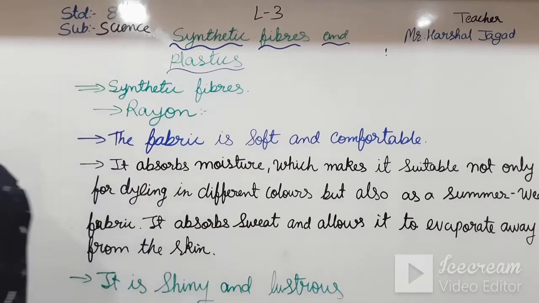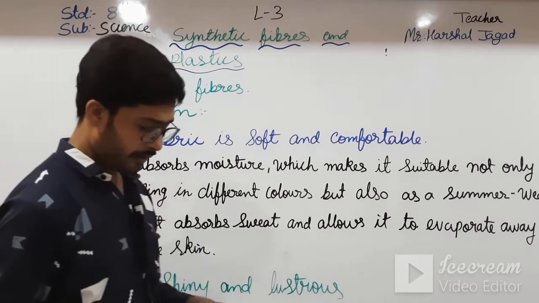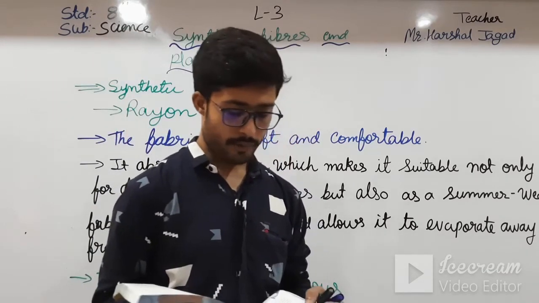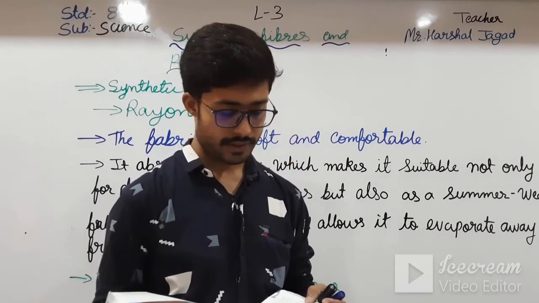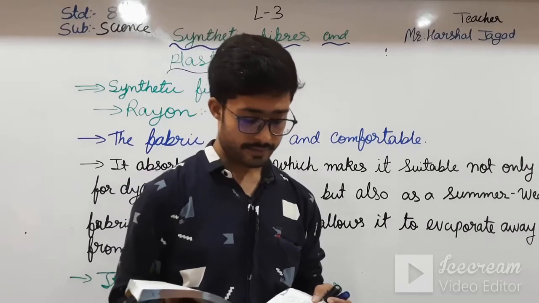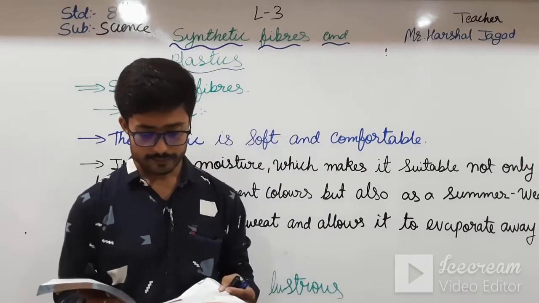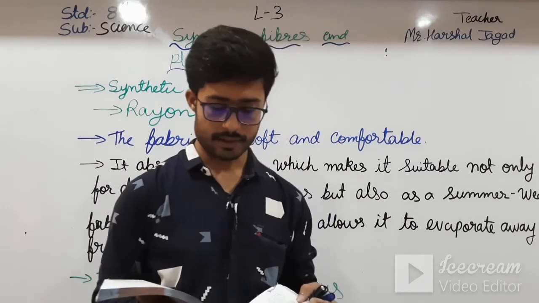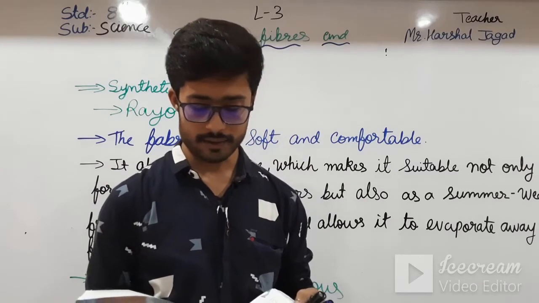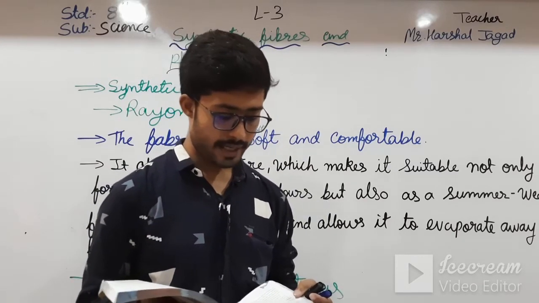Okay students, now next, some of the uses are given. Now we are seeing the uses of rayon. Rayon is used for making embroidery threads, shirts, ties, scarves, home furnishing like bed sheets, curtains, tablecloths, sofa covers, etc. and bandages.